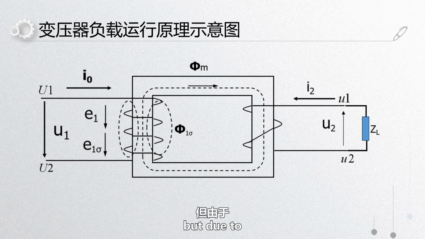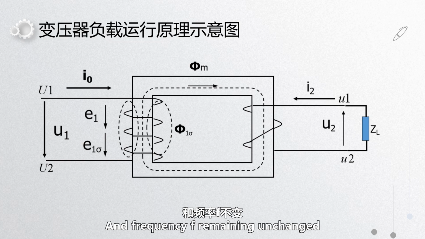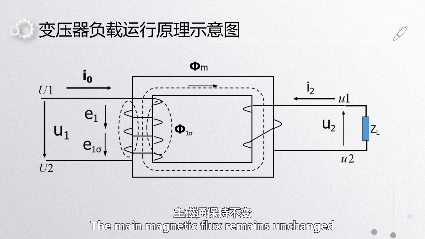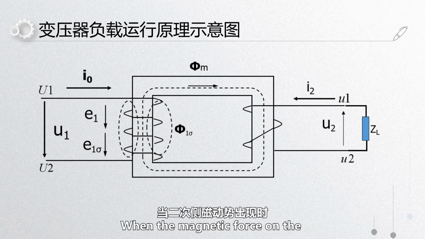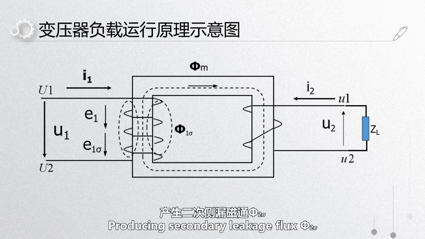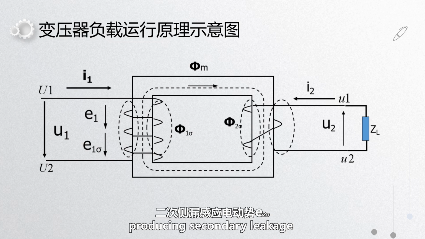But due to the power voltage U1 and the frequency f remaining unchanged, the main magnetic flux remains unchanged. When the magnetic force on the secondary side appears, the primary current must change from I0 to I1. At the same time, it produces secondary leakage flux phi 2 sigma, and secondary leakage induced electromotive force E2 sigma.